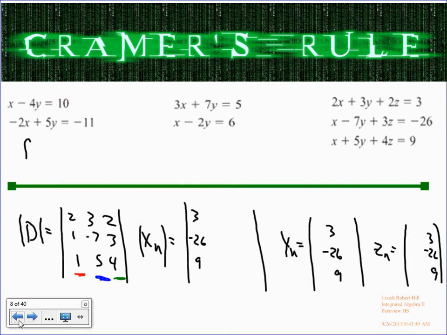So when I replace that x column, because I'm looking for x, I go get my other two columns from here. So this would be 3, negative 7, 5, and this would be 2, 3, 4. This would be 2, 1, 1. This would be 2, 3, 4.